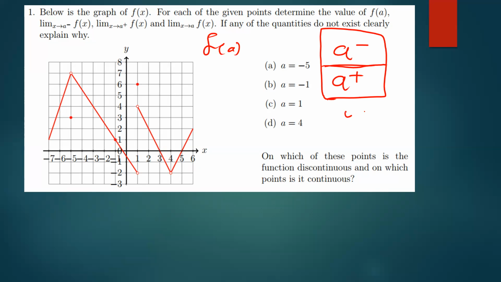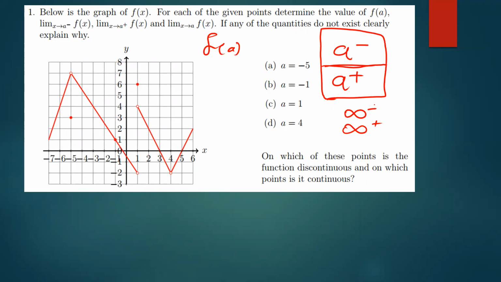Sometimes you might find the infinite symbol with a small negative there, and the infinite symbol with a small positive there. This is sometimes what you may find in questions.